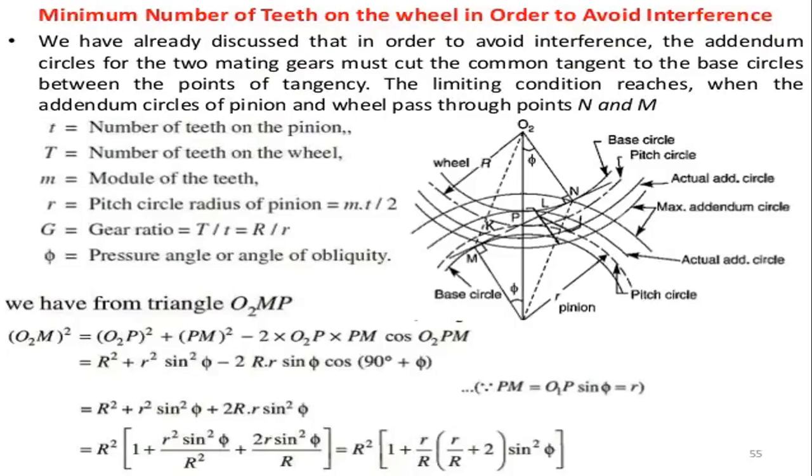Capital G is taken as the gear ratio of the two gears, that is capital T by small t. We can also take it as the radius ratio, capital R by small r.